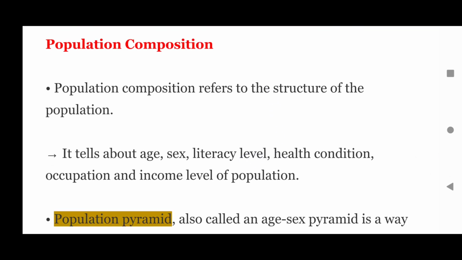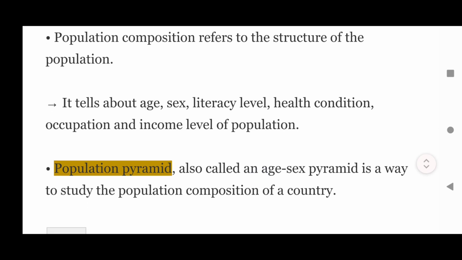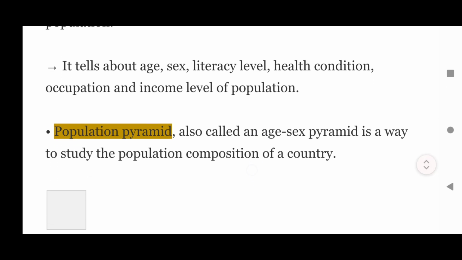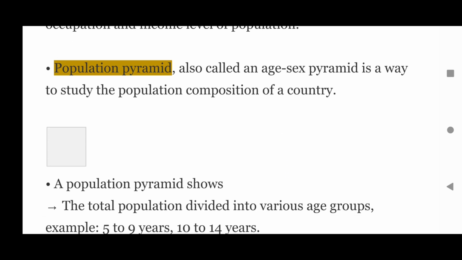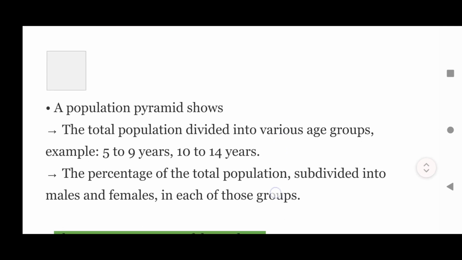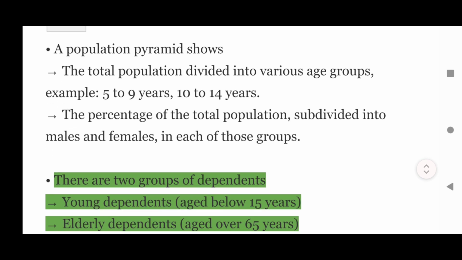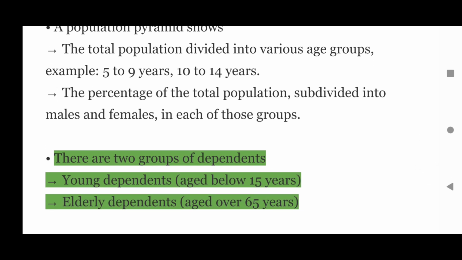Population composition. Population composition refers to the structure of the population. It tells about age, sex, literacy level, health condition, occupation, and income level of the population. Population pyramid, also called an age-sex pyramid, is a way to study the population composition of a country. A population pyramid shows the total population divided into various age groups, for example 5 to 9 years, 10 to 14 years.